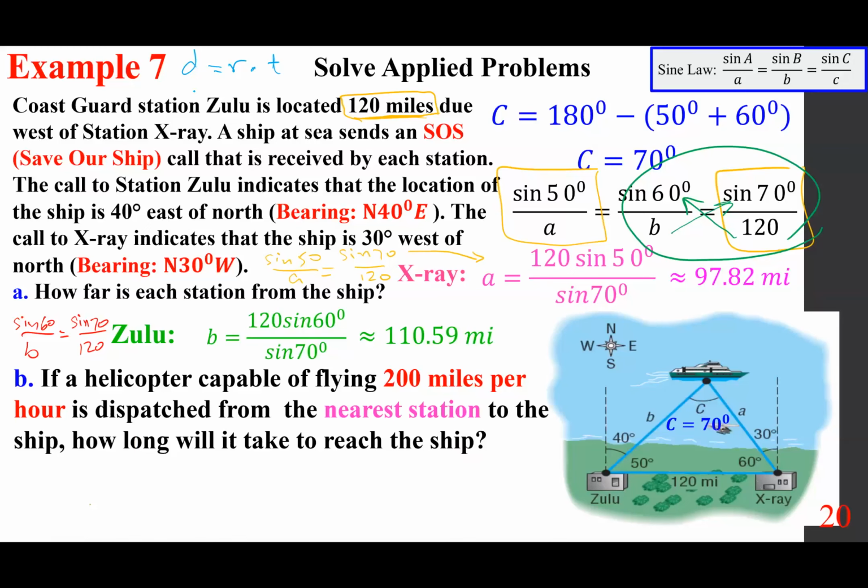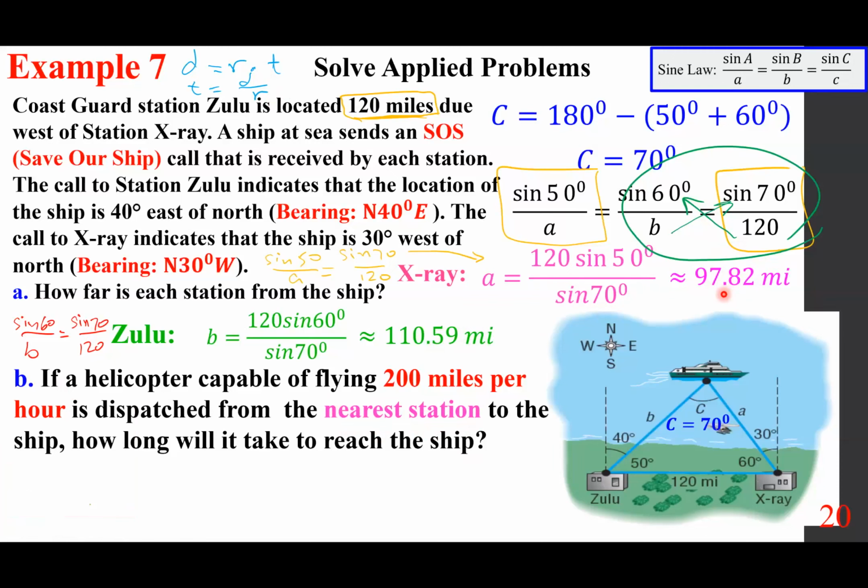So T is D over R, meaning distance over R. Distance is what? This one or this one. Nearest station would be this one. So we can use any of them. But since we are definitely going to go faster, we want to go with the nearest station, 97.82. So this is our distance.